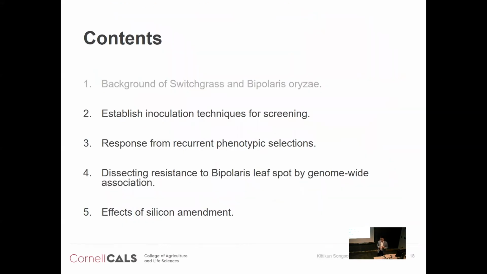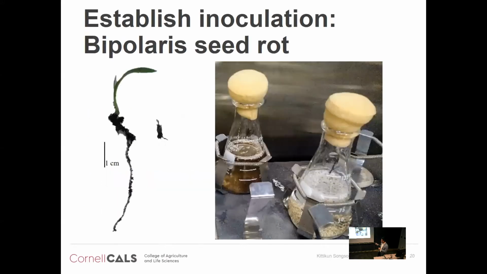So for today's content, I already introduced the background of the host switchgrass and the pathogen Bipolaris oryzae. And to make the selection, I set up the screening method first. Let's move into the first one. For Bipolaris seed rot, I basically just soak the seed with the inoculum and compare with the control seed.